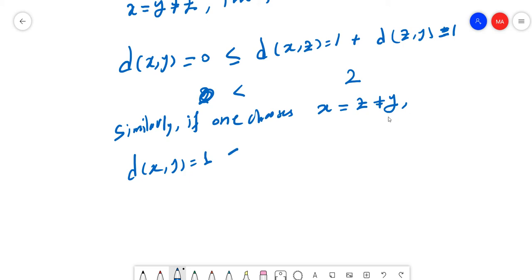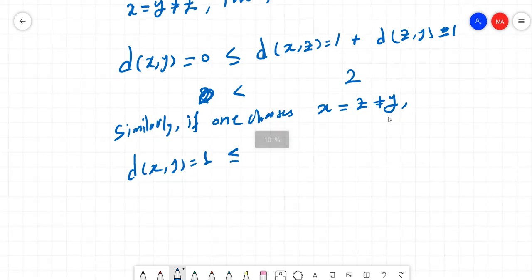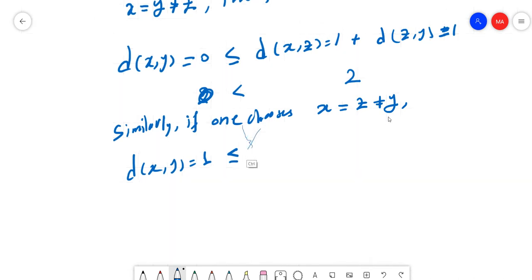Is it true that this is less than or equal to the distance between x and z plus the distance between z and y?